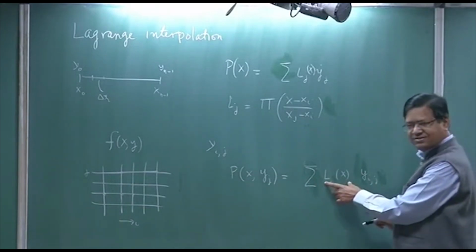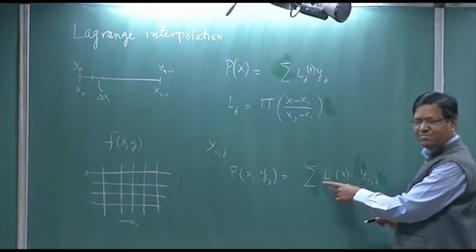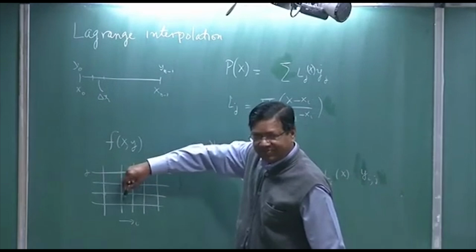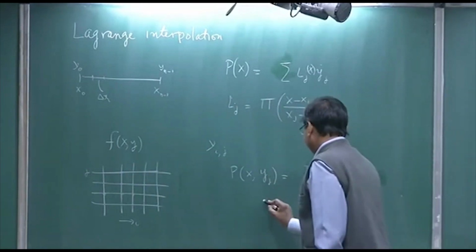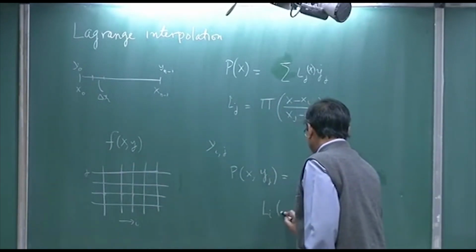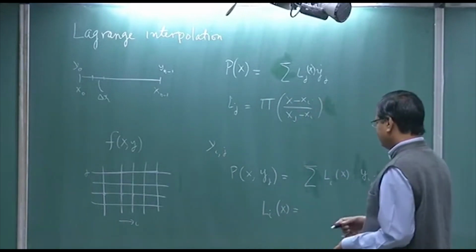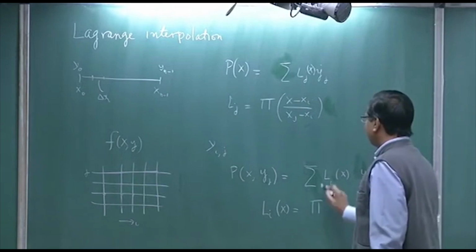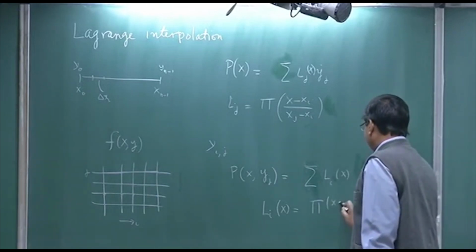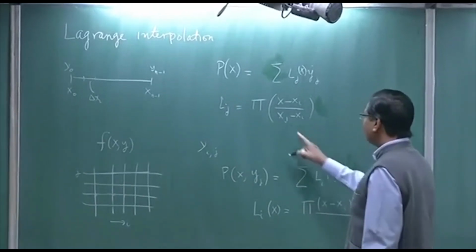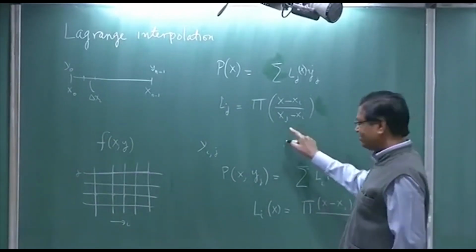Now Li of x will depend on points here. Li of x is a product. I just write x minus xi prime, but I do not use j because j is for the y coordinate.